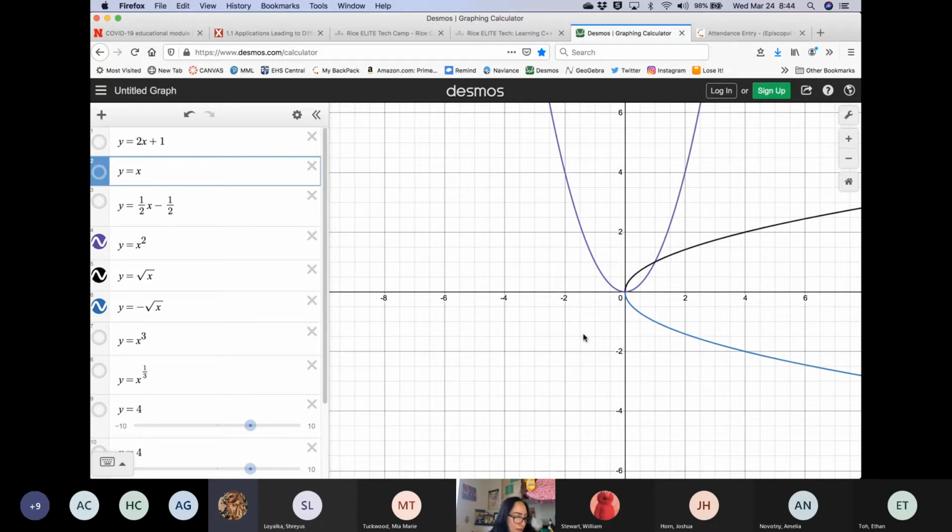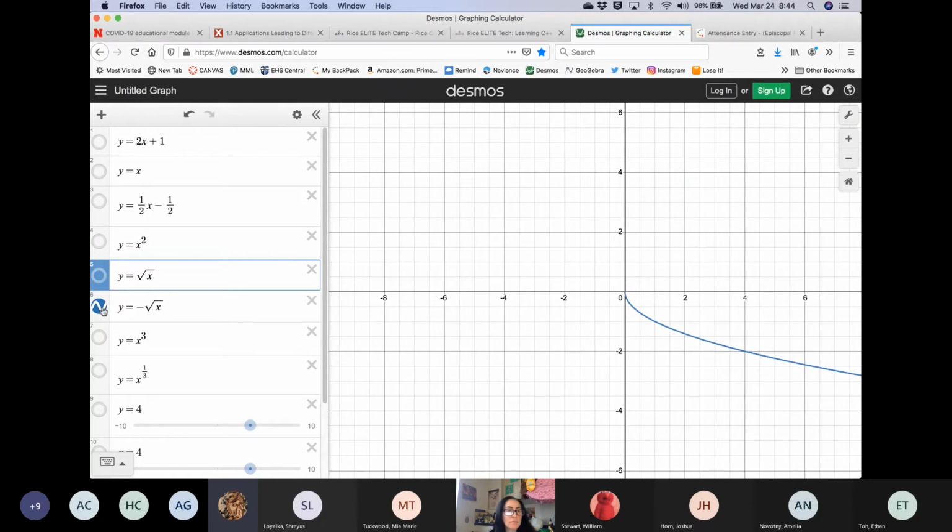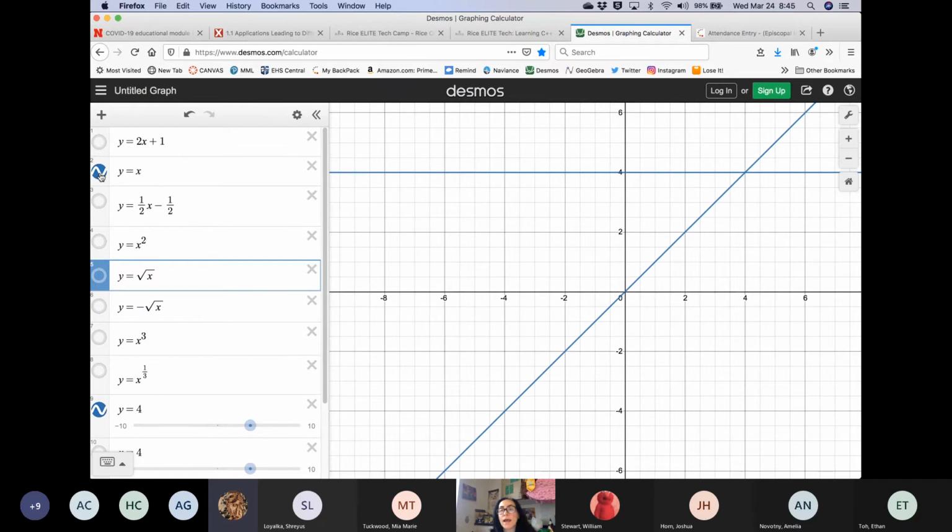Now, we already talked about number 3, the images of the points of the original functions that intersected the line y equals x being the only fixed points that don't change in both the original function and the image. So what do you think is going to happen in number 4 of the summary if I take y equals 4 and I reflect that across y equals x?